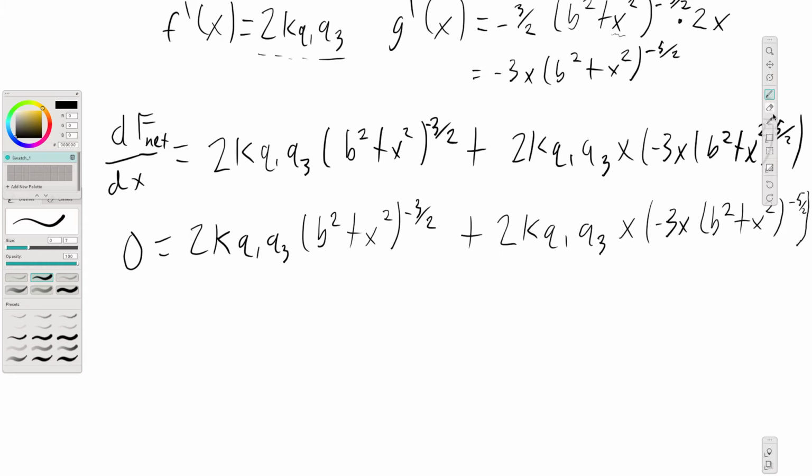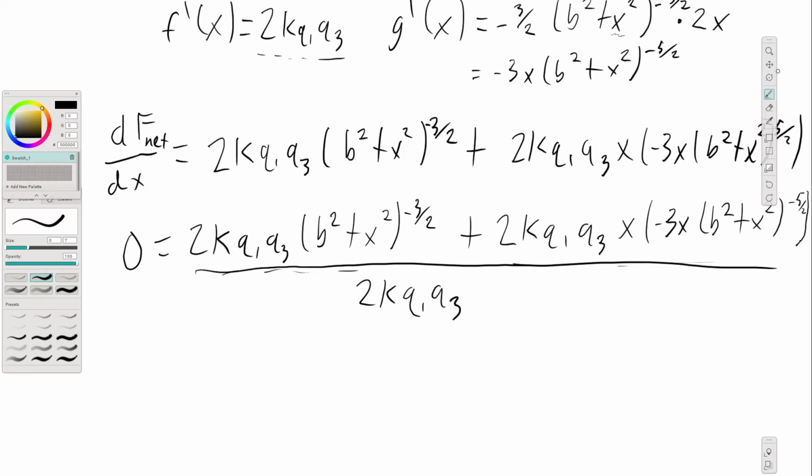I know that it can do great things for me if I factor out some constants and divide by them. So I try to note every single thing that's the same in each of these two terms. I see that the 2 is the same, the k is the same, the q is the same. Stop me if this is getting obvious. What's going to happen here?